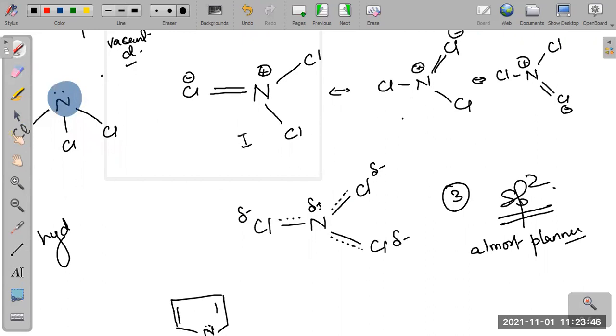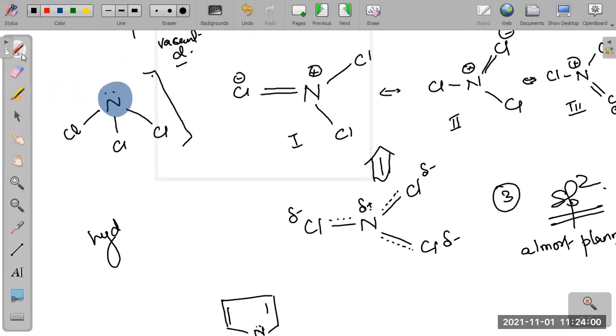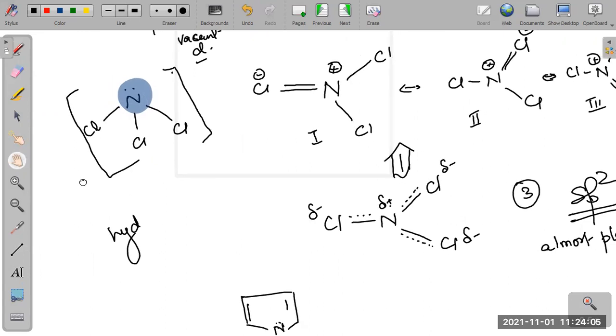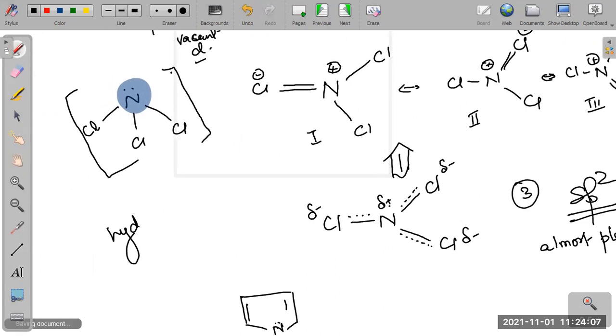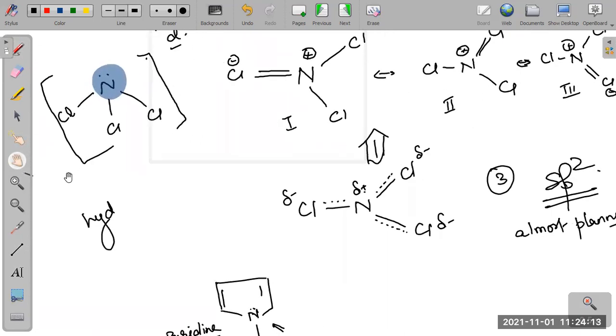The canonical structures are these three structures only. These three structures are the canonical structures of this nitrogen trichloride molecule. This structure is not considered a resonance structure of NCl3.